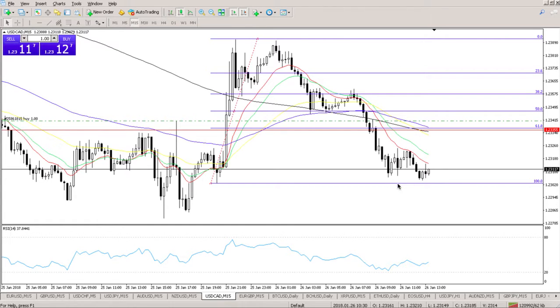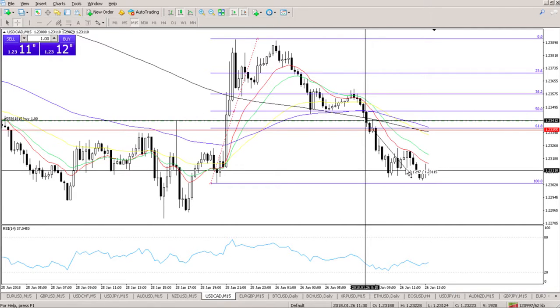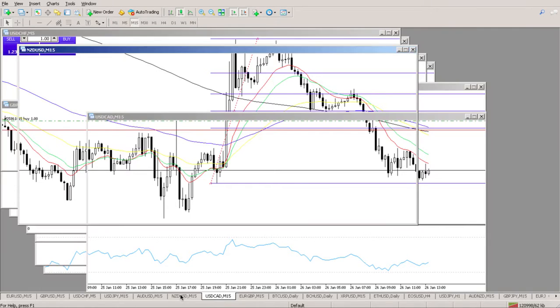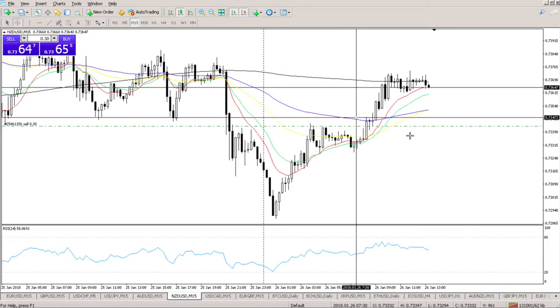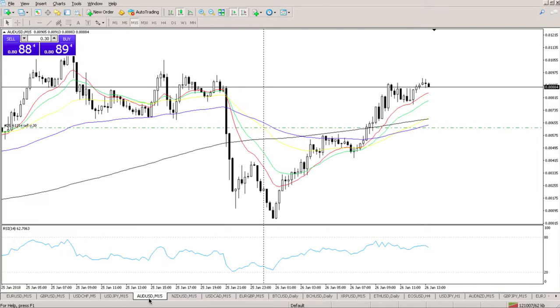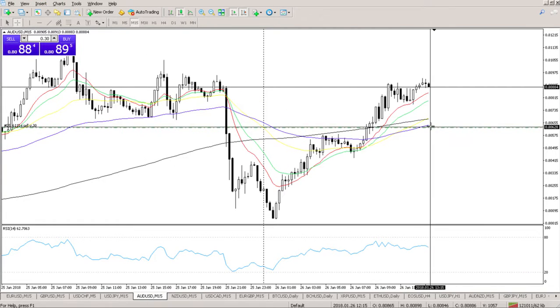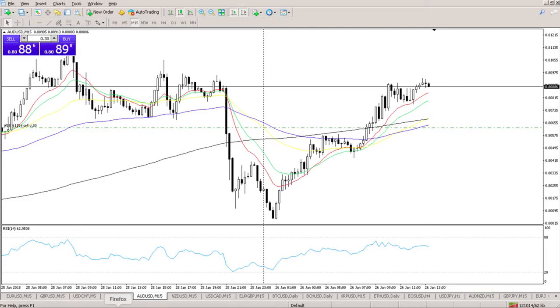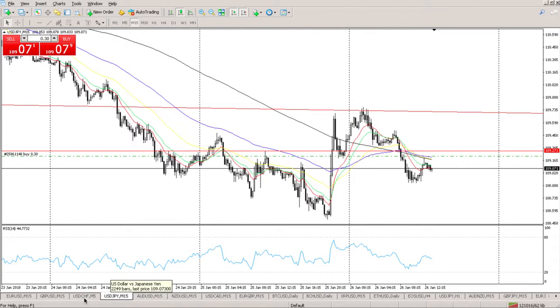But here in this case, as you see, we are about 30 pips away in USD CAD, and another 30 pips away in New Zealand dollar. Similarly in AUD USD as well, we are about 25, 36, 30 pips away.